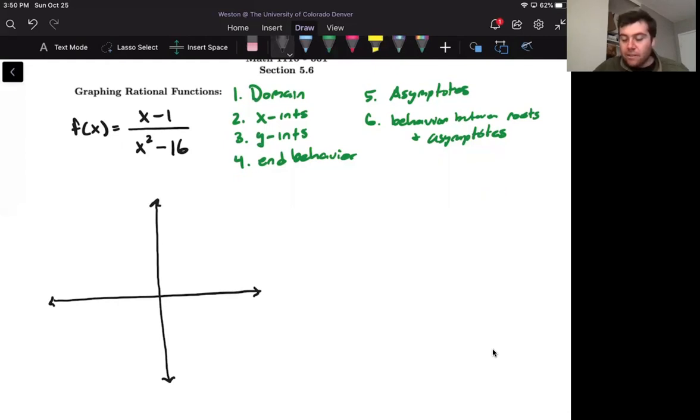For instance, it's good to know what the domain is before trying to find x and y intercepts or anything else following it. The x and y intercepts can go either way, but it'd be hard to find the end behavior before you know the x-intercepts, because we usually want to know what's going on beyond all the x-intercepts. And similarly, we can't find behavior between roots and asymptotes until we know the roots and the asymptotes. We haven't defined asymptotes yet, but we'll get there.